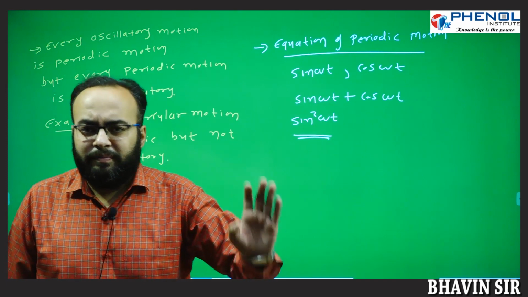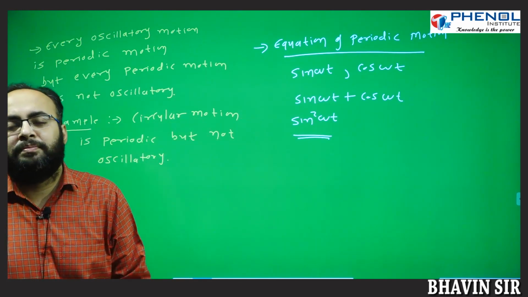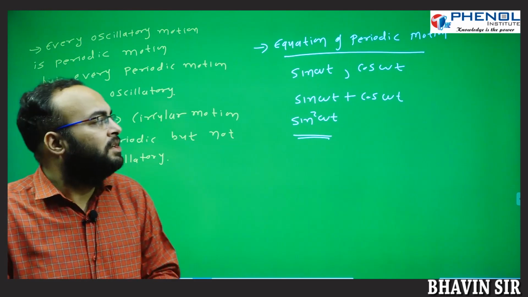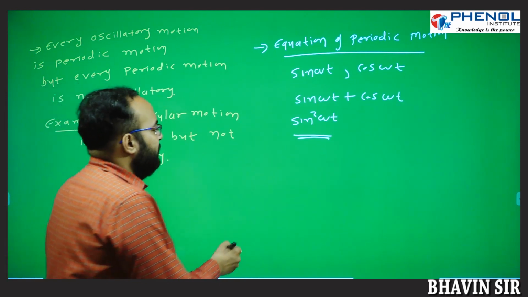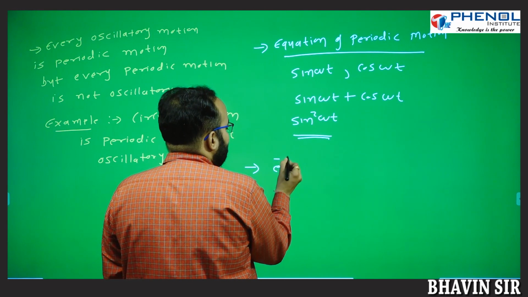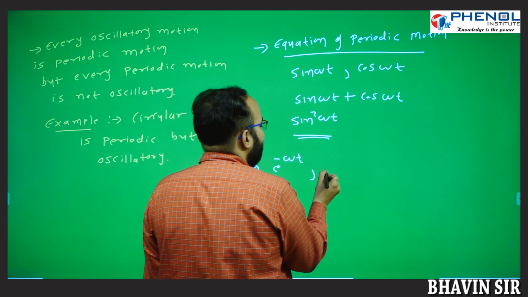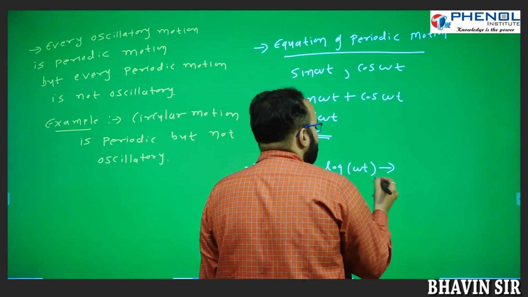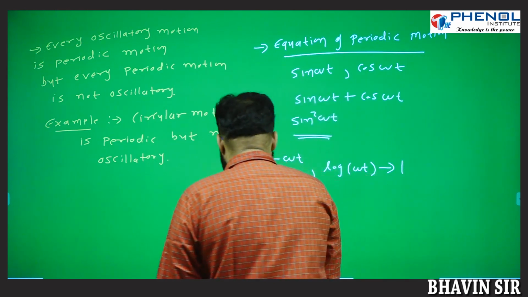Periodic motion is generally represented by either the trigonometric function sine or cos, either its addition, its square, whatever, cube. But e raised to minus omega t, log omega t, without sine or cos, this type of equation does not show periodic motion.